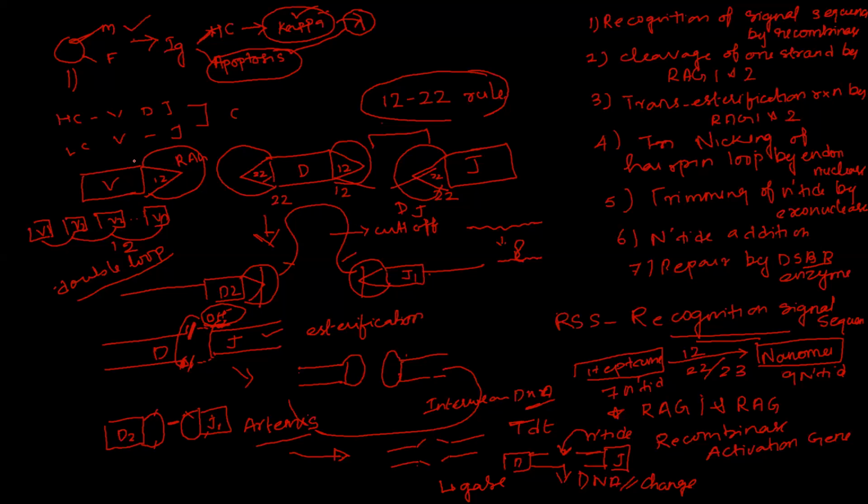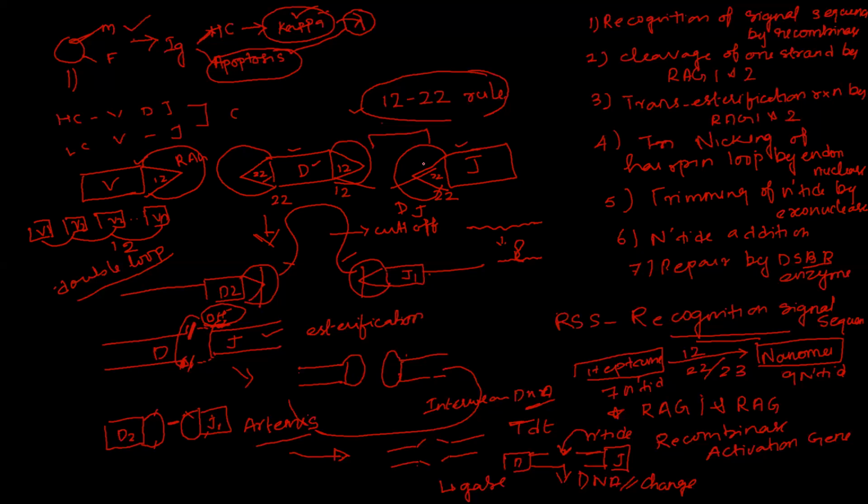Okay, let me just wind it up, and then let me start the constant region C part in a separate video. Just consider you need to bring the V, D, and J together here. So what happens, it needs RSS and RAG, okay, and it follows a rule which is called the 12-22 rule. The RSS, that is the recognition signal sequences, along with the RAG, you need to bring these two.